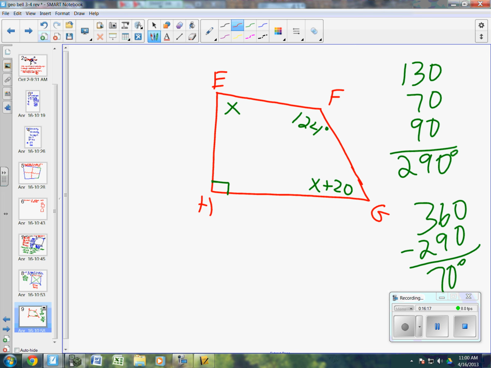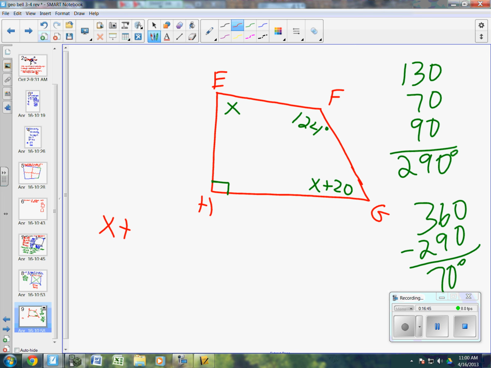Chase, I think you know the answer to this already. We know what the 4 angles of a quadrilateral add up to, right? And even though we're not given every angle, we're given expressions for an angle. What equation could I write? X plus this angle plus this angle plus this angle equals 360, right?